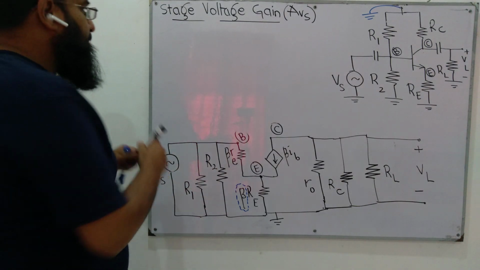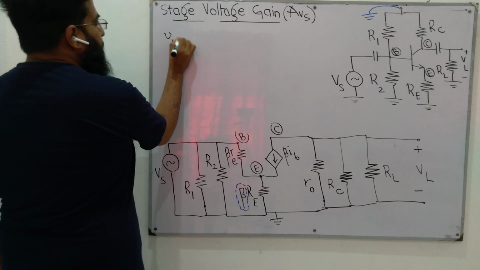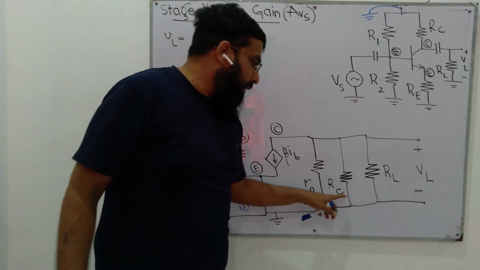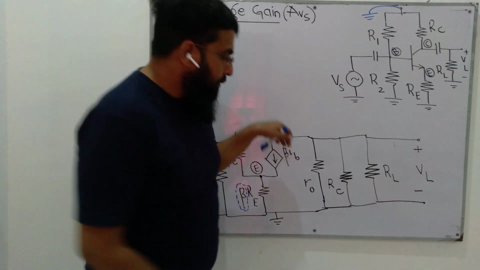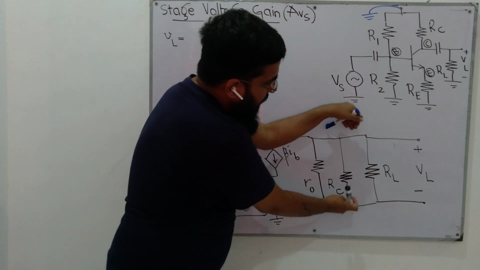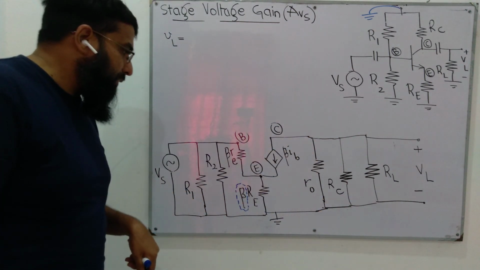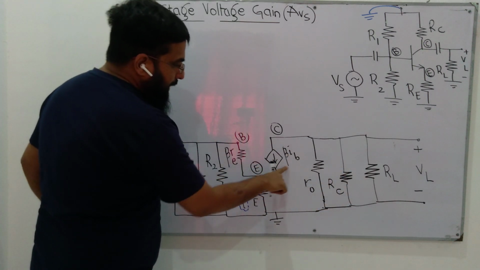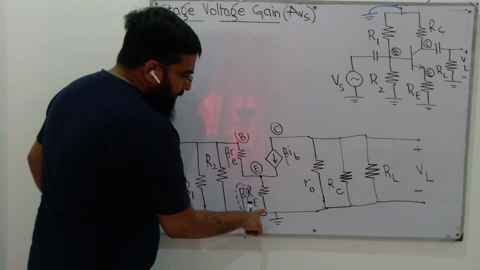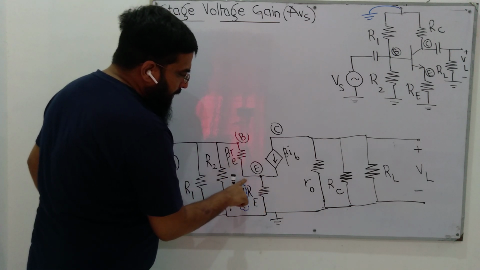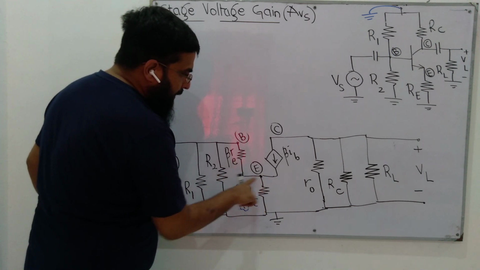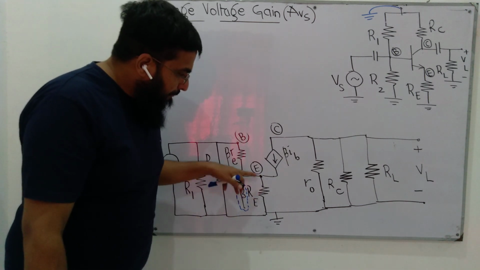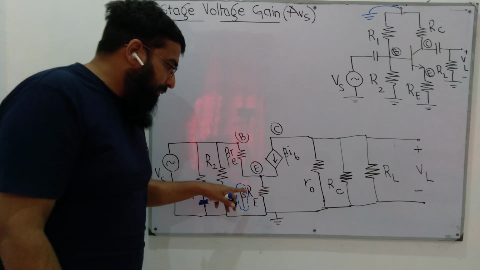VL is the voltage drop across the load resistor. Since RC and R0 are in parallel with it, VL is also the voltage drop across the parallel combination of these three resistors. The current that flows through this parallel combination is beta IB. The input current becomes IB, beta IB plus IB, almost beta IB, because beta IB is very large compared to IB.